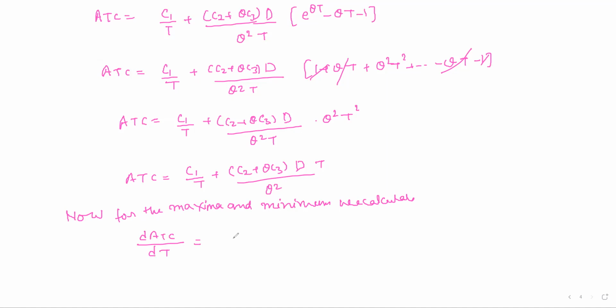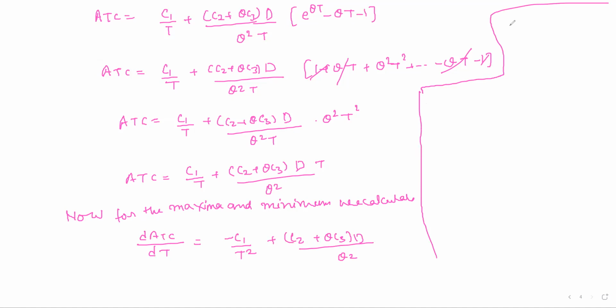So we get minus C1 upon t square plus C2 plus theta C3 d upon 2. Now to find the value of t, just put this equal to 0, meaning d of ATC upon dt equals 0. So minus C1 upon t square plus C2 plus theta C3 d upon 2 equals 0.